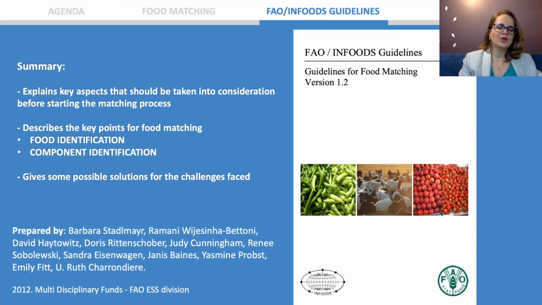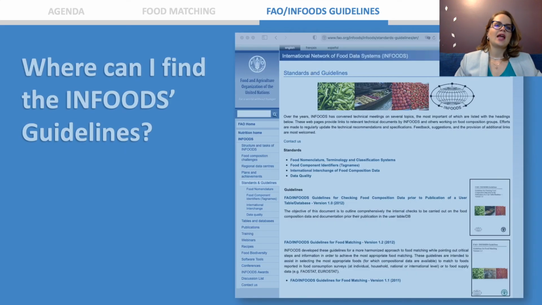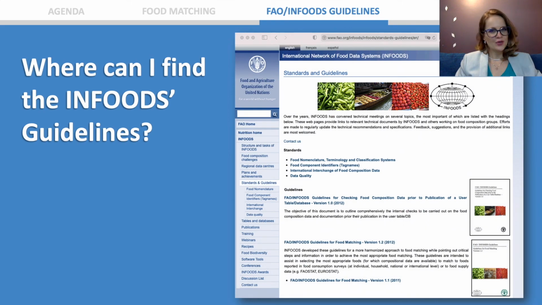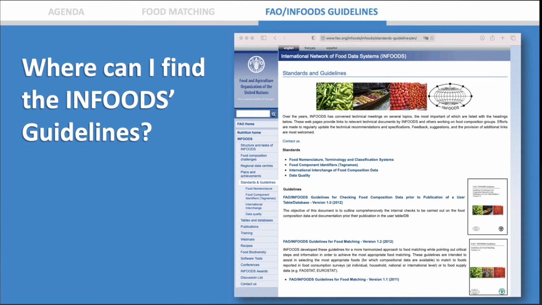And here you can see again the group of experts that have prepared this very useful guideline. And if you don't know where you can find it, you can download this guideline directly from the FAO and INFOODS website, and I will leave the link here in the description of this video so you can easily access the guideline.